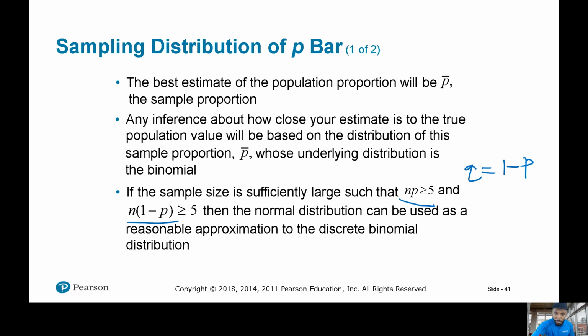So the first thing you have to do, remember, is to check this. These are the requirements. So ensure that n times p is greater than or equal to 5, and also ensure that n times q is greater than or equal to 5. Before you proceed in computing any probability, because when this is the case, it means that the binomial distribution will become approximately normal.